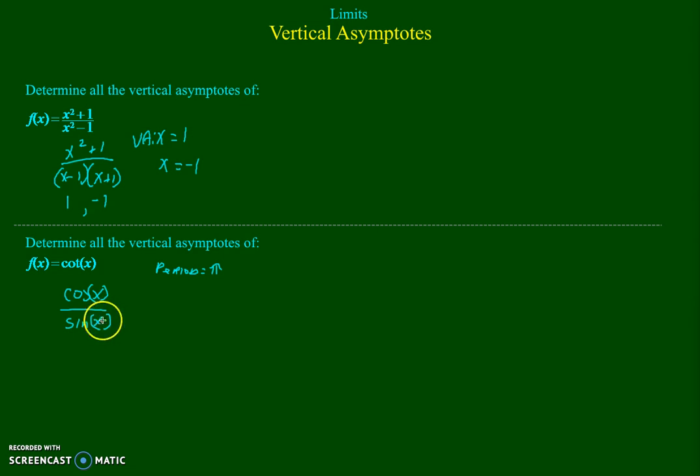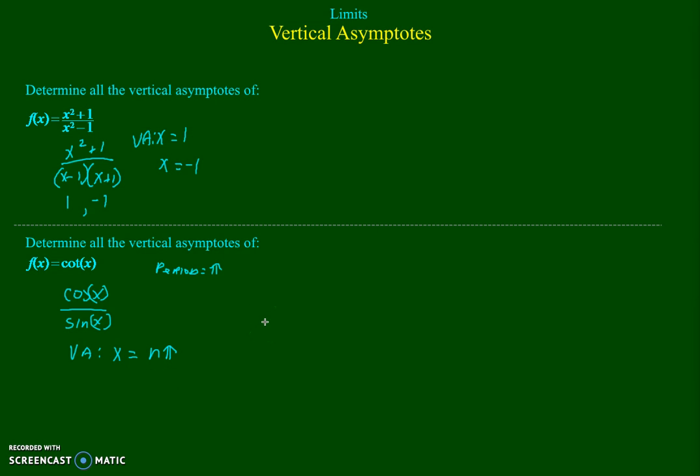And so at any increment of pi, the sine of pi is 0. The sine of 2 pi is 0. So at any increment of pi radians, this function is going to have a vertical asymptote. So we can say that there's a vertical asymptote at x equals n pi radians. So any integer multiple of pi is going to give us a vertical asymptote.